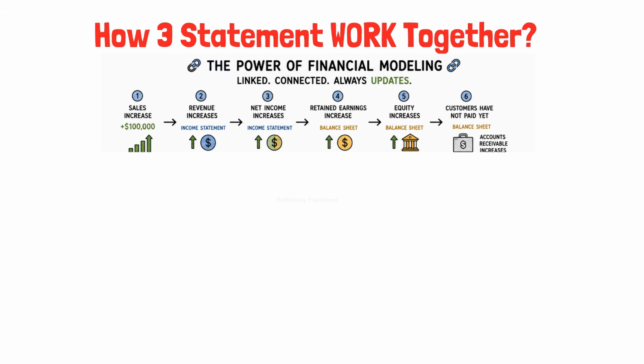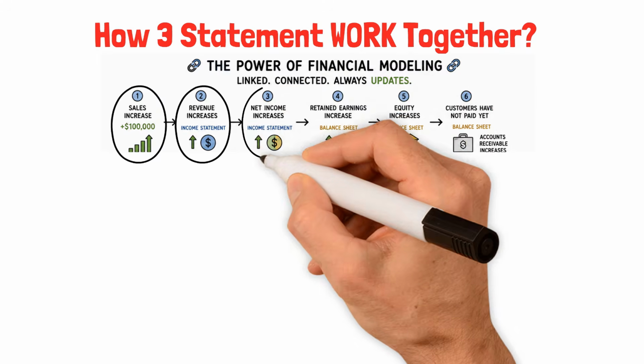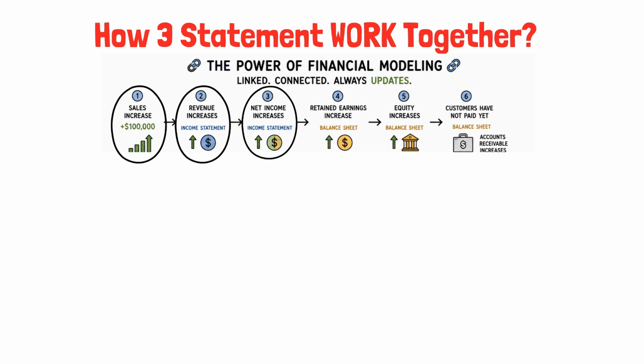How the three statements work together. The real power of financial modeling comes from linking these three statements together. Consider a simple example. Imagine a company expects sales to increase by $100,000 next year. The additional sales increase revenue on the income statement. Assuming expenses remain proportionally similar, net income also increases. Since net income eventually flows into retained earnings, equity on the balance sheet increases as well.